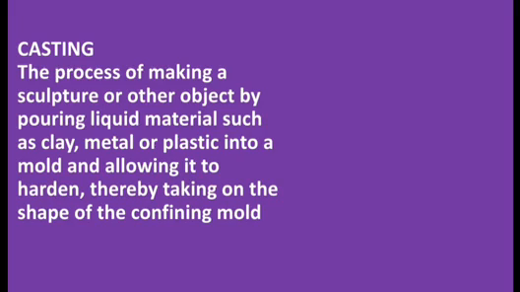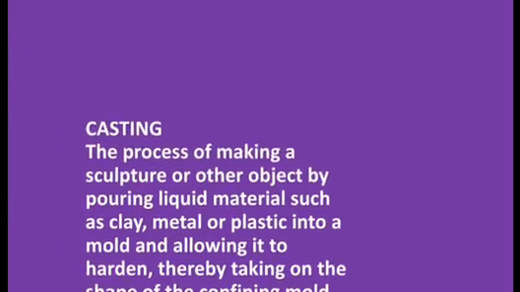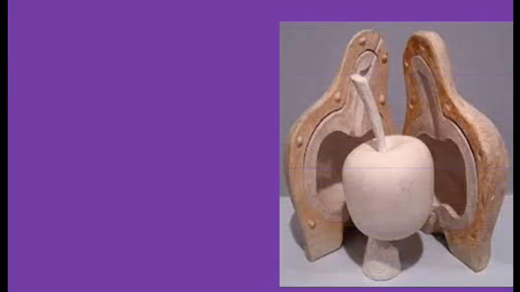Casting, the process of making a sculpture or other object by pouring liquid materials such as clay, metal, or plastic into a mold and allowing it to harden, thereby taking on the shape of the confining mold. Casting is a procedure of modeling and also a procedure for making cast in ceramics.